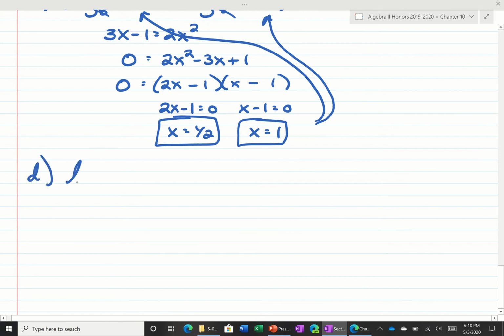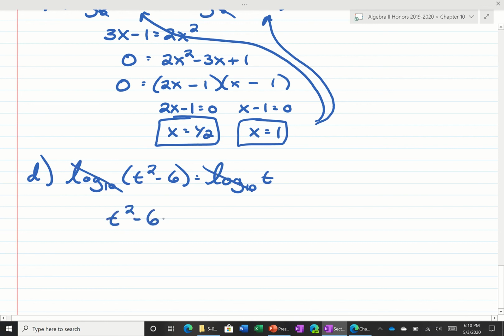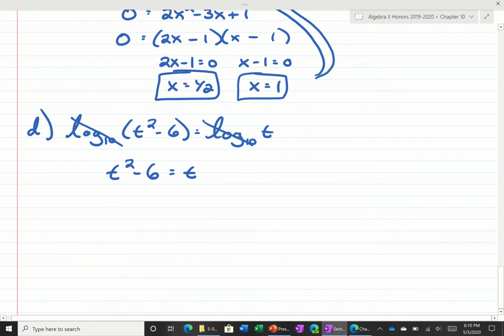And then our last problem, log base 10 of t squared minus 6 is equal to log base 10 of t. These bases are the same, so we'd get that t squared minus 6 is equal to t. Just like before, it's a polynomial. We solve polynomials by making them equal to 0.